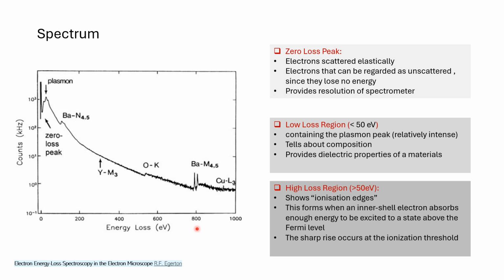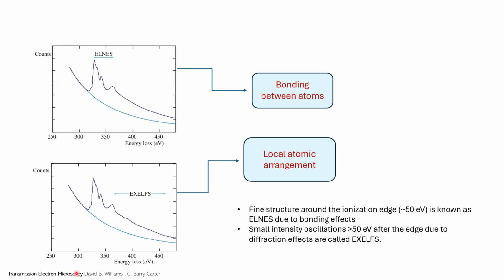Now, if we just zoom in on the edge, it will show fine structure oscillations which are due to the bonding effects, and this is termed as energy loss near edge structure.